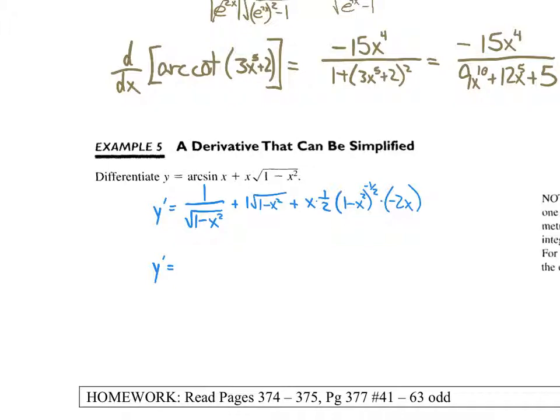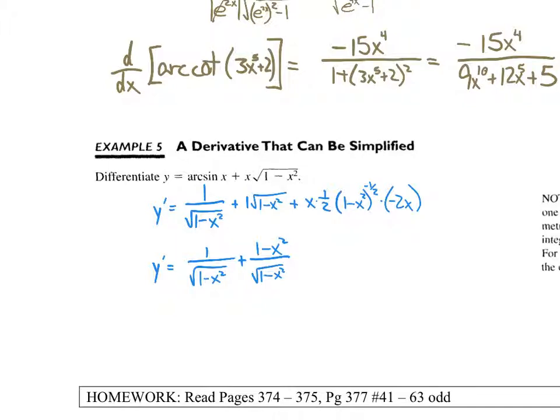It's going to end up tying back together. Sorry, 1 over radical 1 minus x squared. I'm going to multiply this middle one by radical 1 minus x squared over radical 1 minus x squared. So the bottom's going to be radical 1 minus x squared. The top is just going to be 1 minus x squared.